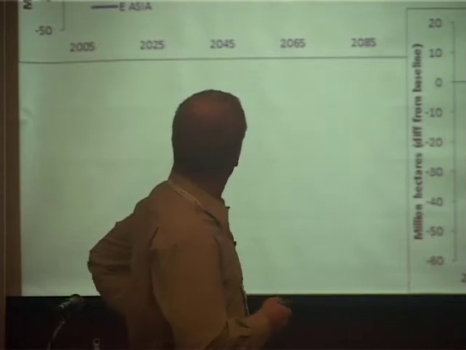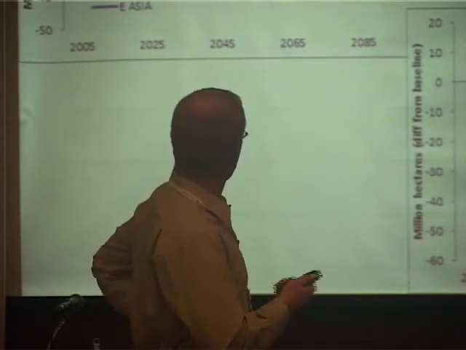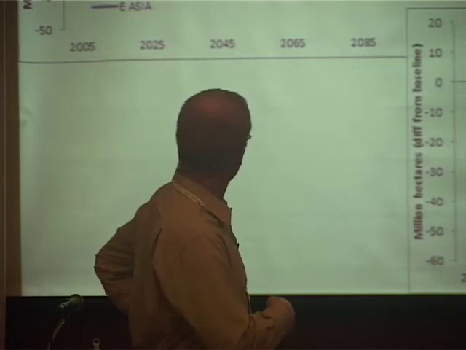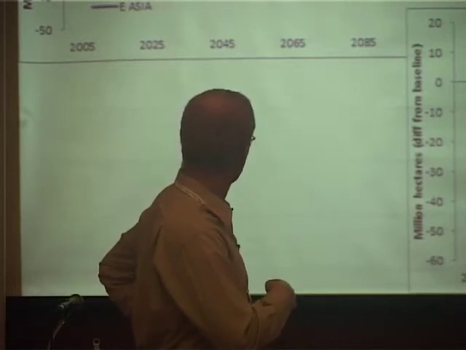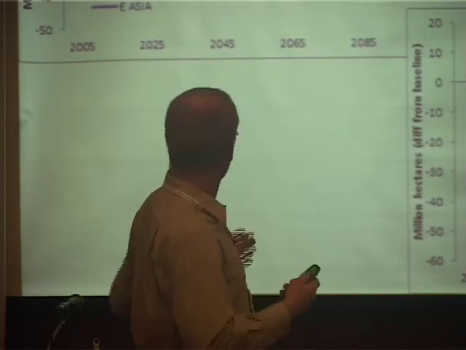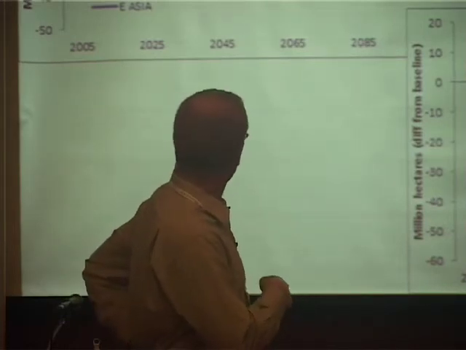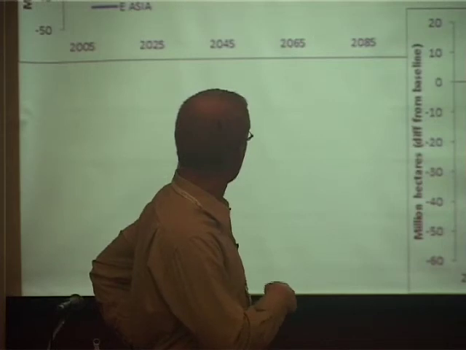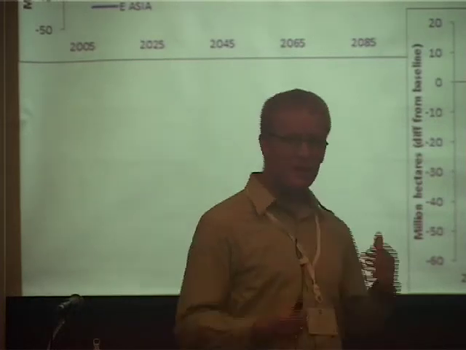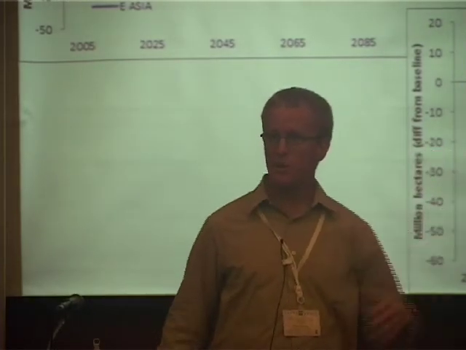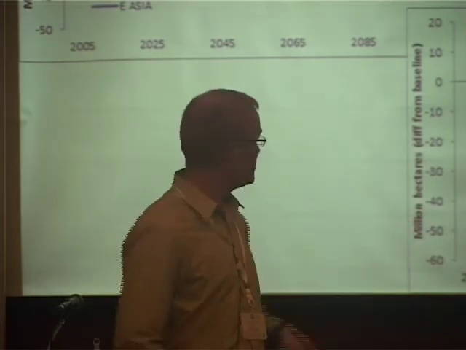In terms of forest area in Asia, and this is again for these same Asian regions, China is in blue, South Asia in red, Southeast Asia in green, and East Asia in purple. What we find is that forest area declines pretty dramatically for Southeast Asia. We already saw that from the ecosystem results, and the economic models reproduce that.